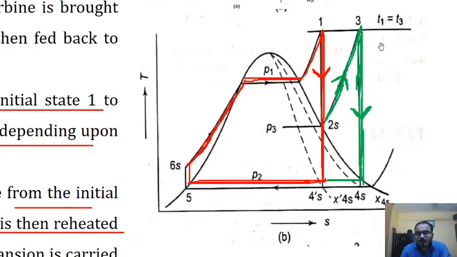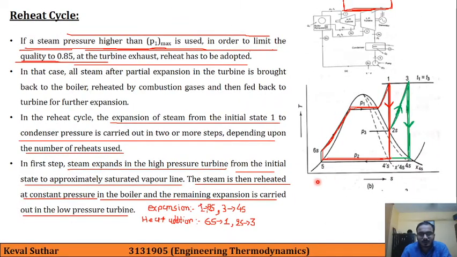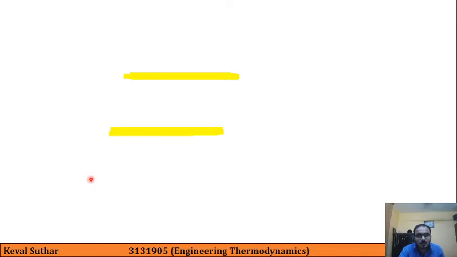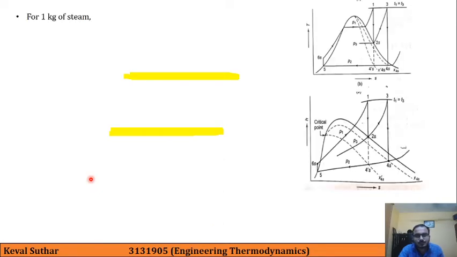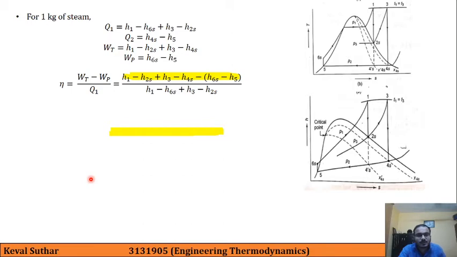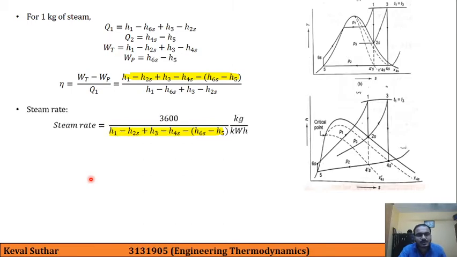That is now the quality of steam at the exhaust of turbine is much better than previous one. So these are the analysis of our cycle efficiency, steam rate.